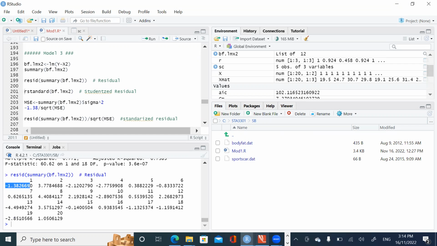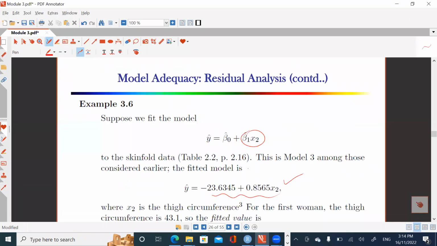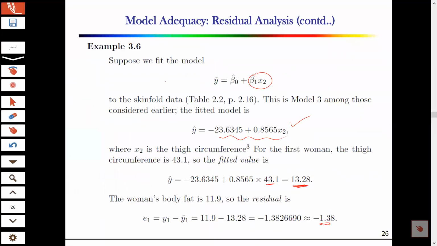So if we use R, you should get exactly the same value, negative 1.38 for the first case. You can use R directly, using that command, to calculate the residual.